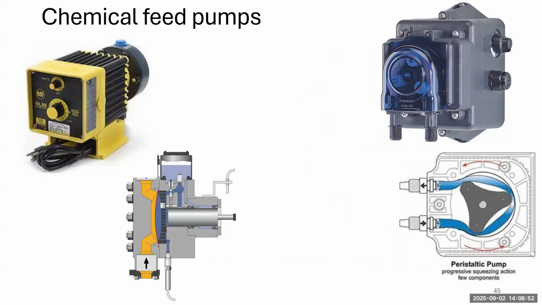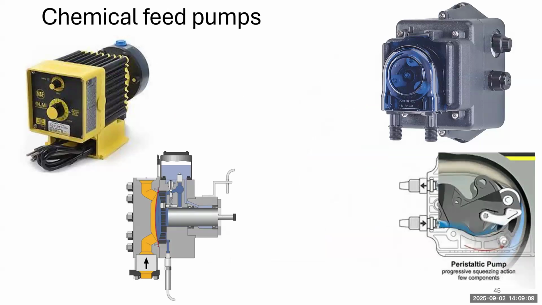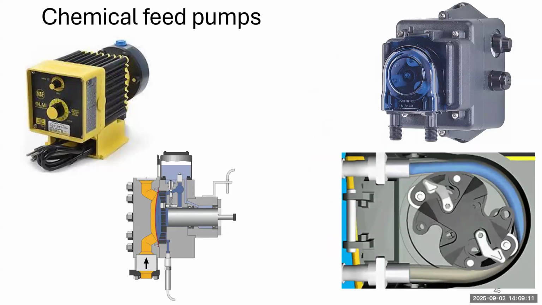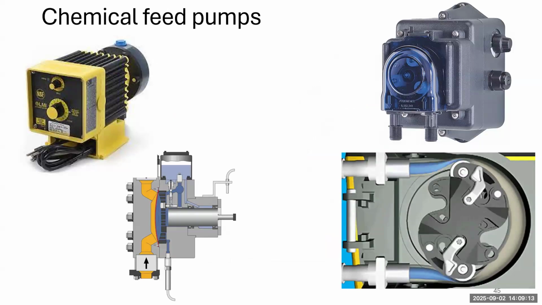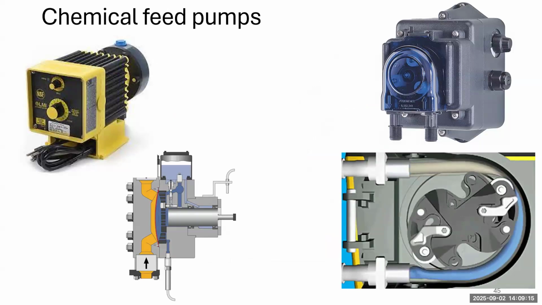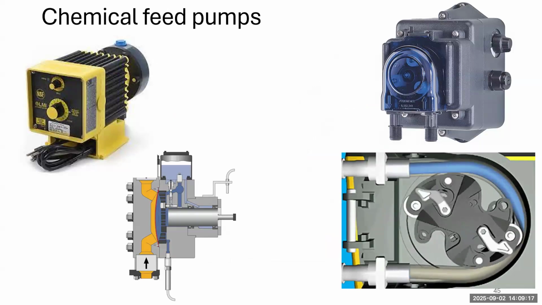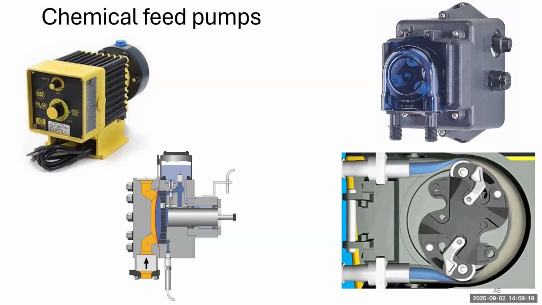There's also liquid feed chemical pumps. And you got a couple different types here. On the upper right, you see a peristaltic pump. And that's basically, I think of it kind of like milking a cow. You have a tube and a rotating shaft with rollers that squishes the tube and causes liquid to be moved out. And you can see a little GIF here of how that might work. The weakness is that the tube can eventually break.